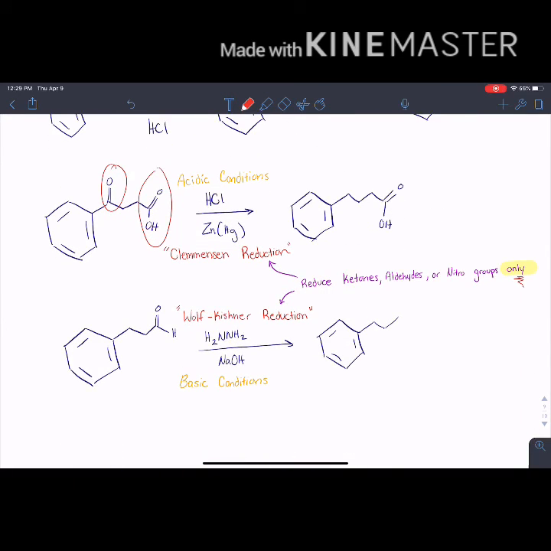When working with synthesis, you also have to keep track of the other functional groups within the compound. So if you have a carboxylic acid right here, but you only care about this ketone, you want to do a Clemmensen reduction because the Clemmensen reduction won't affect the acid. It's great for acidic conditions and will reduce this ketone without affecting this carboxylic acid.